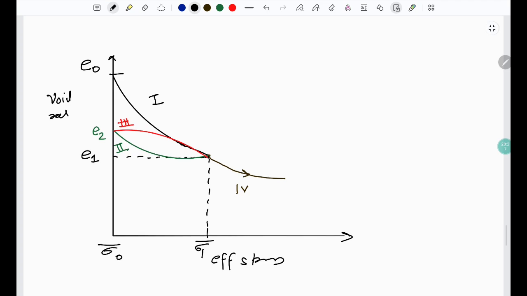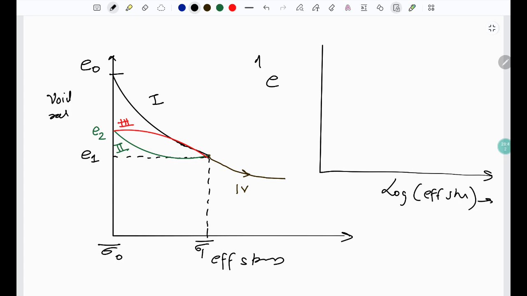Okay, so now again when we try to shift some of these curves onto a semi-log graph, where we have log effective stress on the x-axis and E on the y-axis, we start from E2, and this time due to log the curve is slightly convex, but it is not totally convex, it is a bit straighter, and it reaches E1 from E2.